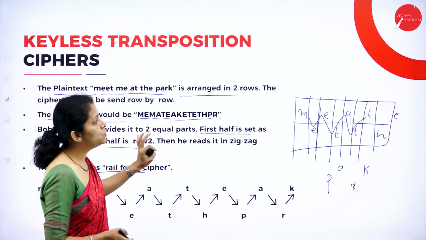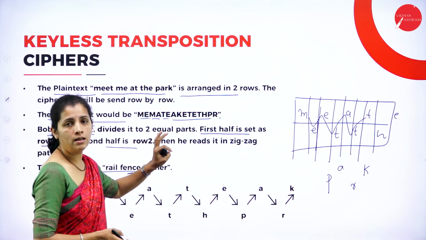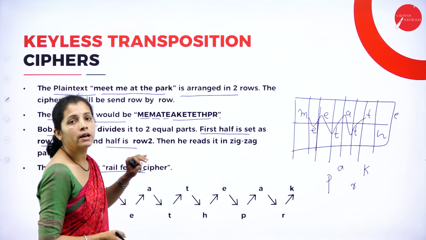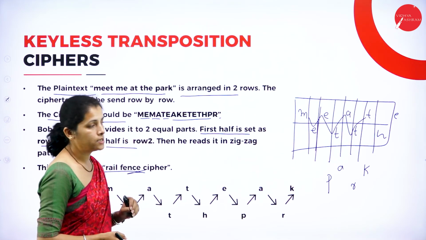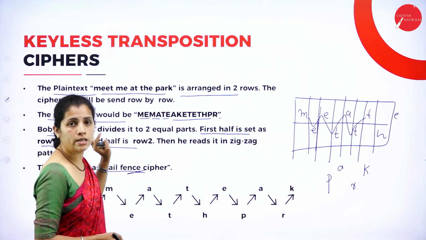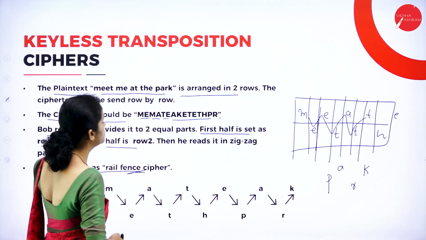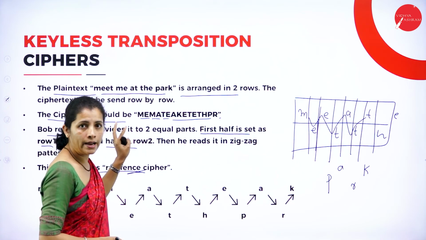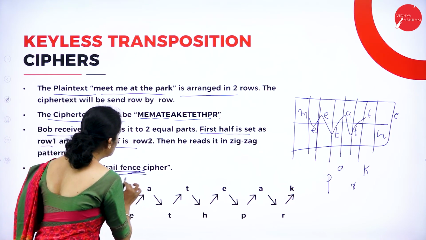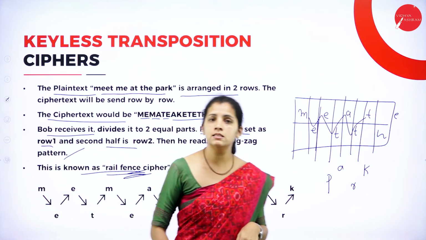Directly I'm going to draw the table and write the text. So this kind of ciphertext representation is called keyless transposition cipher, and this is also called rail fence cipher.